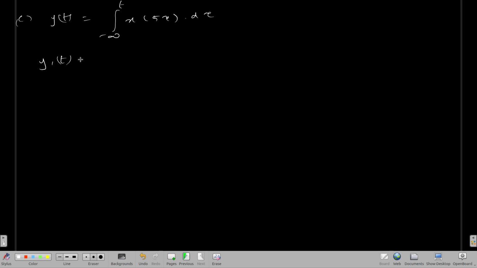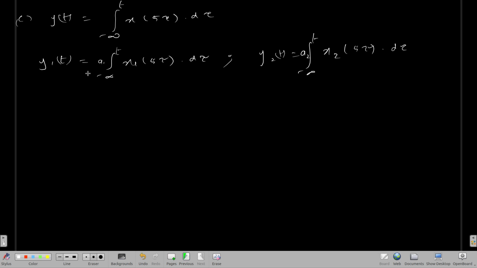We take y1 of t equal to the integral from minus infinity to t of x1 of phi tau d tau, and y2 of t equal to the integral from minus infinity to t of x2 of phi tau d tau. Let's add two variables also. Let's call them a1 and a2.